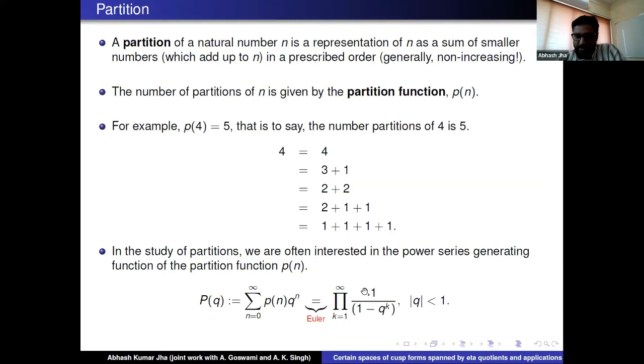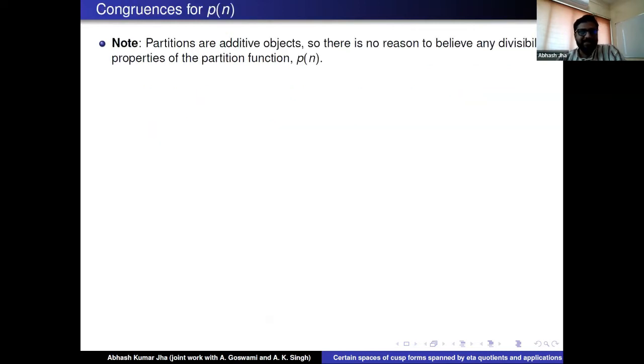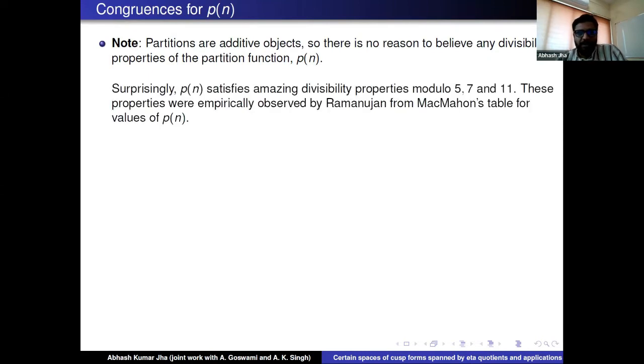If you see, these partitions are additive objects, so it is very difficult to believe that they satisfy some congruences. But Ramanujan observed from the MacMahon tables for partitions, and he first conjectured these congruences for modulus 5, 7, and 11, and he also proved them.